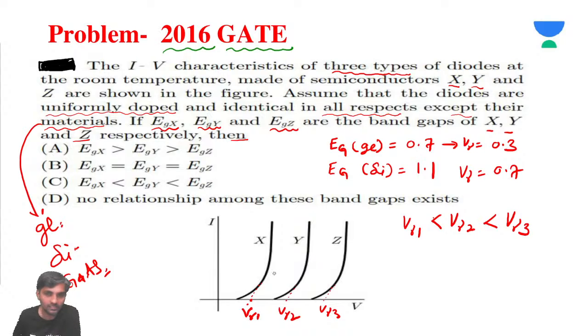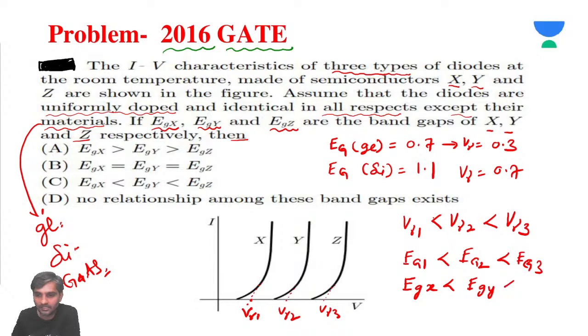Similarly, can I say Eg1 is less than Eg2 is less than Eg3. He has mentioned it here in terms of EGX, EGY, EGZ, simply XYZ. So I can say EGX is less than EGY is less than EGZ.